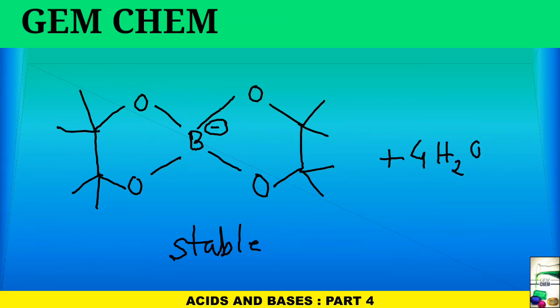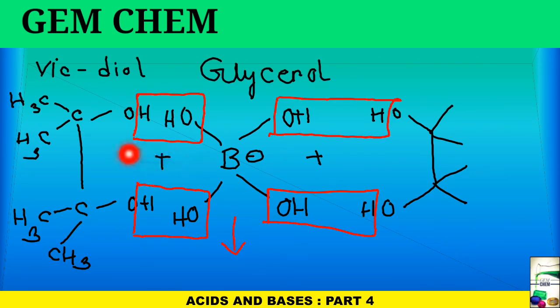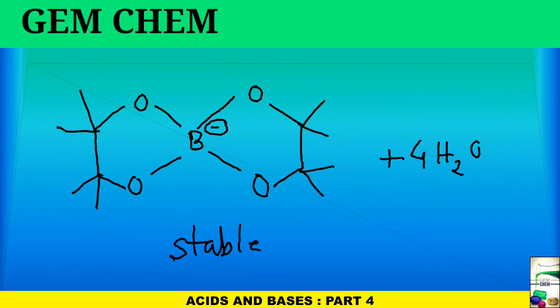So in this reaction, the reaction proceeds with an increase in the number of particles. If you see here, there were 3 particles, 1, 2 and 3. But when we obtain the product, there is 1 and 4, that is 5 species. So when the number of particles increases in a reaction, there is an increase in entropy.